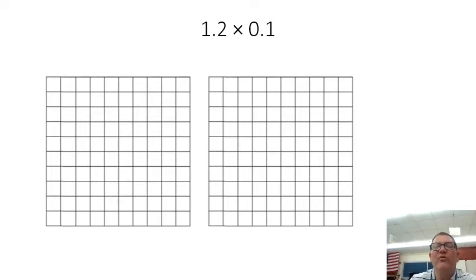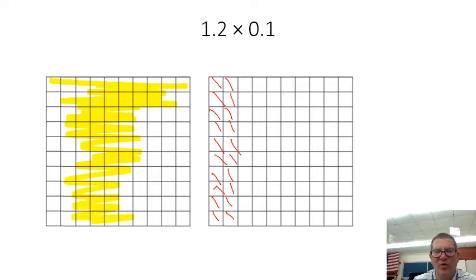Now, here we have 1 and 2/10. So I'm going to just do 2/10 here, and I'm not going to shade in the whole 1. I could shade it in to make it easier, but we know this whole thing is shaded in here because that's one whole. And then we've got 2/10. That's 1 and 2/10.